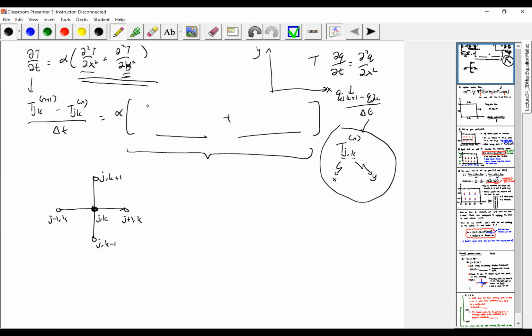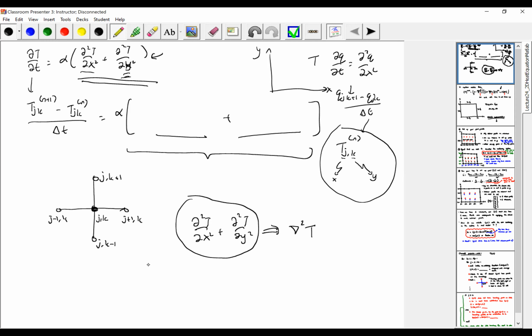I'm not saying all of them, I'll say the majority of them involve some form of a term like this. For example, you have d squared T/dx squared plus d squared T/dy squared. And this effectively comes from your Laplacian, del squared T. Okay, so you'll see that a lot of the partial differential equations, a lot of the engineering problems that you're going to solve, involve some form like this.